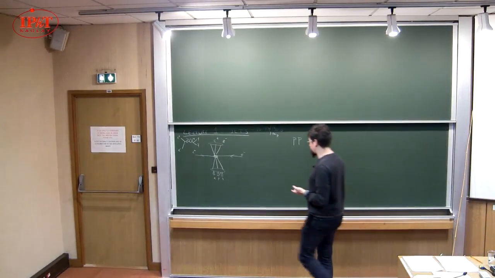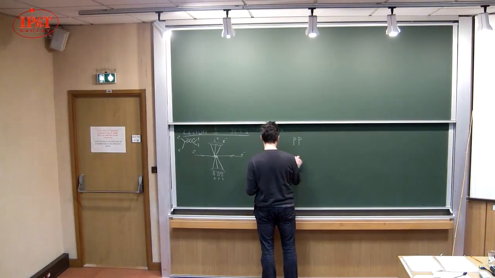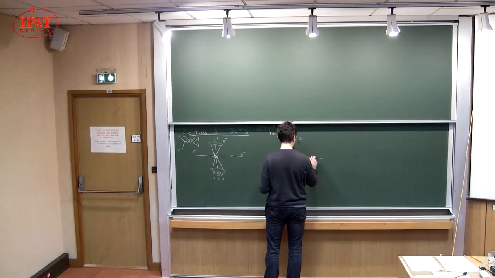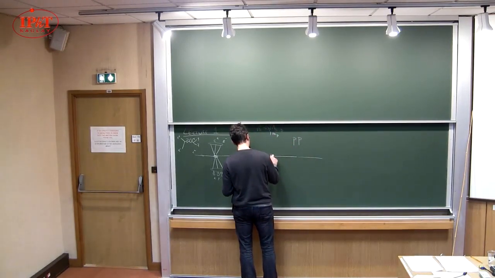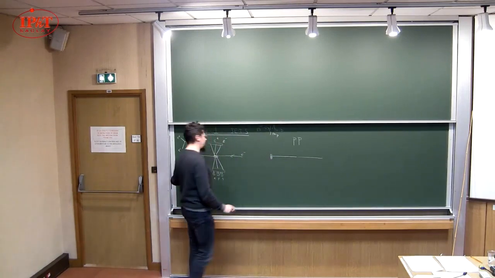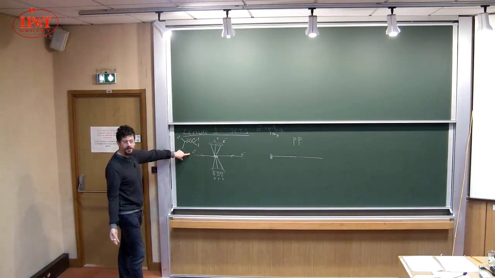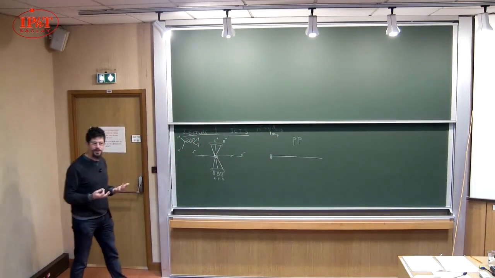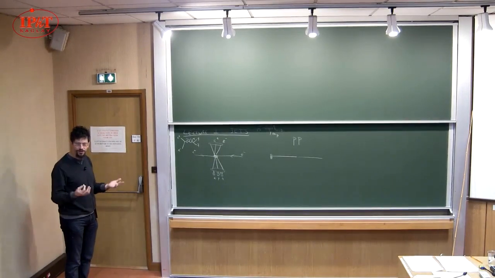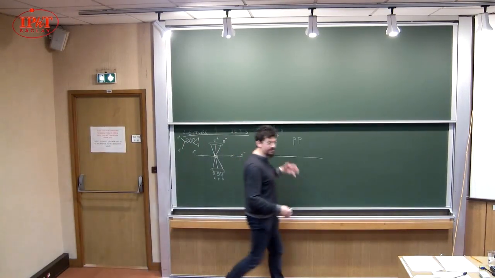The situation of proton-proton collision is, give or take, the same. The main difference is that e+ and e- do not carry any QCD color charge, but if you collide protons, protons themselves are hadrons.